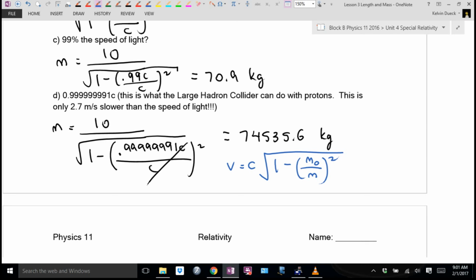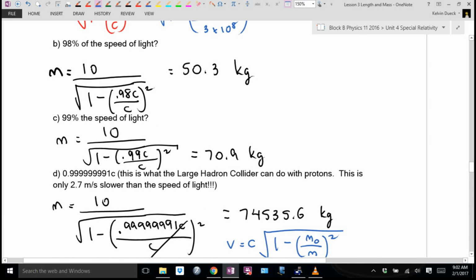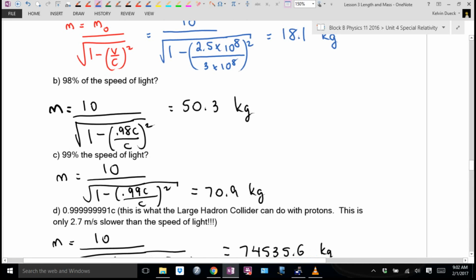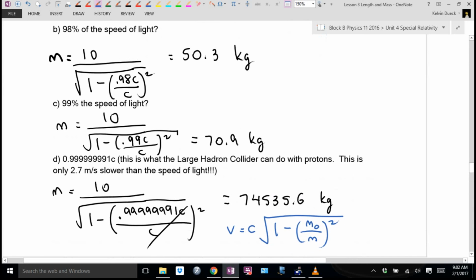I can't remember if I asked you to find the velocity or the speed and gave you two masses, but m0 is the original, and the m is the one when it's moving. Wouldn't you want the one where it's moving on top? We're going to match the 0's just as variables in the equation. So it is going to be, I think, this one here. I could derive it if we needed to, but it will end up being this.